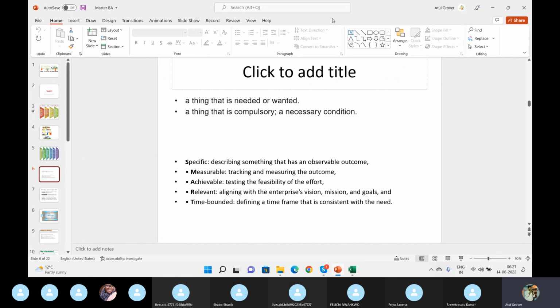If I'm working in a company, I can say it's a customer need. If I'm at home, I'm a mother, I'm a father, my son needs something, my daughter needs something. They're asking, they wanted something. A thing that is compulsory, a necessary condition. Okay, boss, if you give me food, only then my hunger will be over.